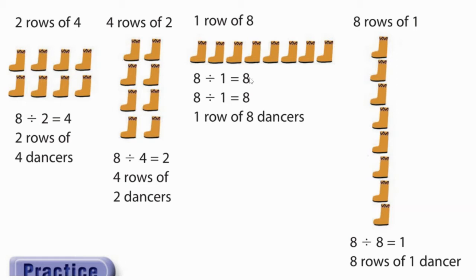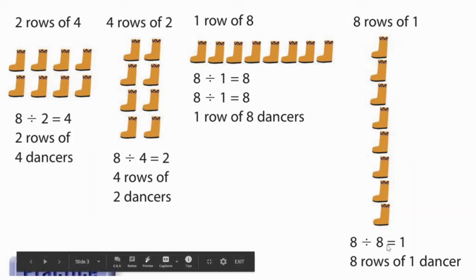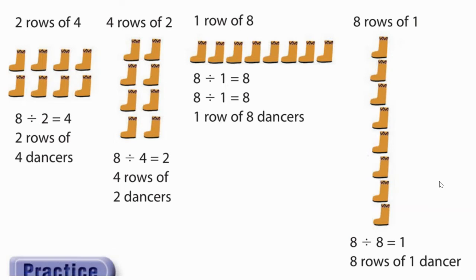Here's 8 divided by 1 equals 8. 1 row of dancers. And 8 rows of 1. 8 divided by 8 equals 1. 8 rows of 1 dancer. So these are the different ways that we could have the dancers. It's just what we did, but we didn't talk about it as rows of dancers. Those are all the equal formations you can have.